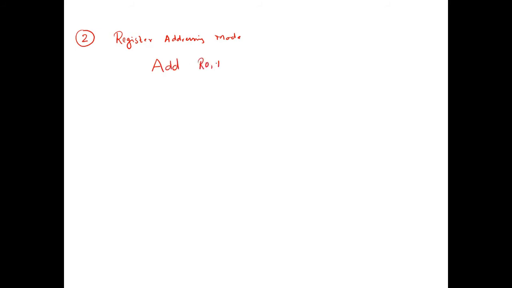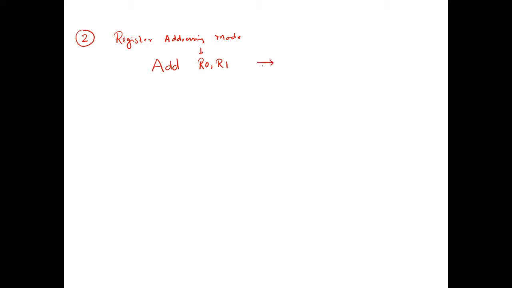Likewise, we have a second type of addressing mode, and that is the register addressing mode. In the register addressing mode, what happens? I will write an example using the two address instruction format only. So add R0 comma R1, where the first operand always indicates the source operand as well as the destination operand.